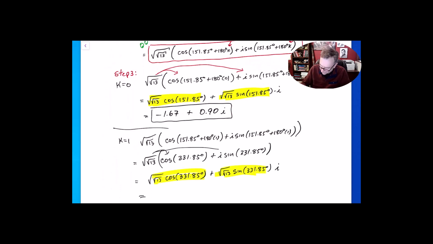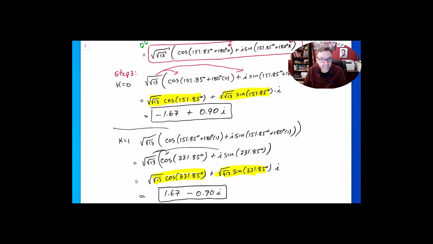And so when I do that I get 1.67 plus, actually that comes out to negative, so let me change that, negative 0.90i. And so there you have it.